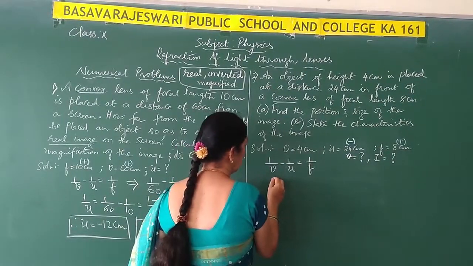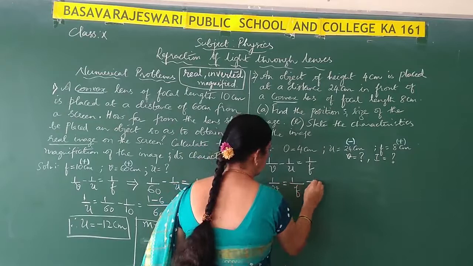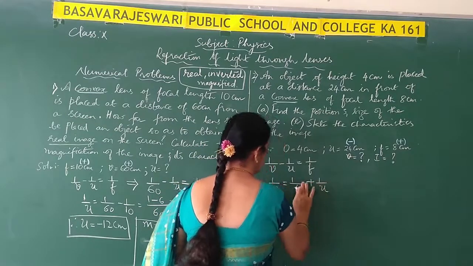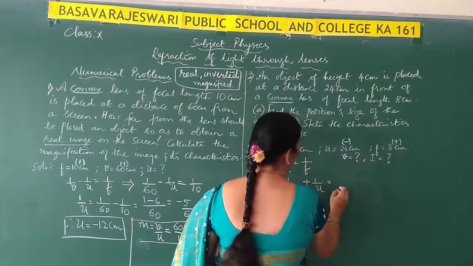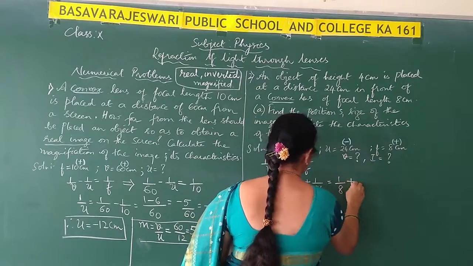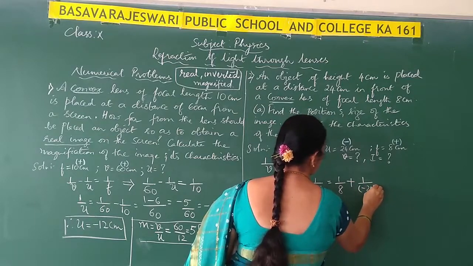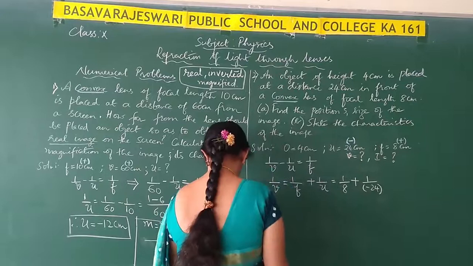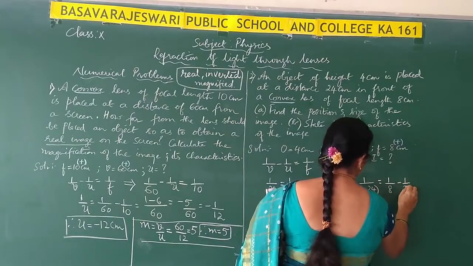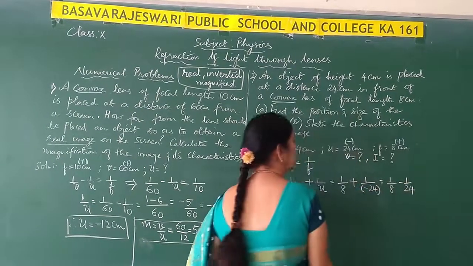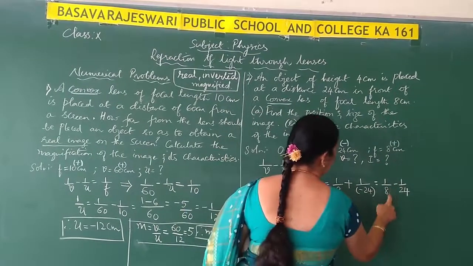So now let us take 1 by v will be equal to 1 by f plus 1 by u. Just transpose this one. You will get 1 by v is equal to 1 by f plus 1 by u, that is equal to 1 by 8 plus 1 by minus 24. So how much will you get? 1 by 8 minus 1 by 24.